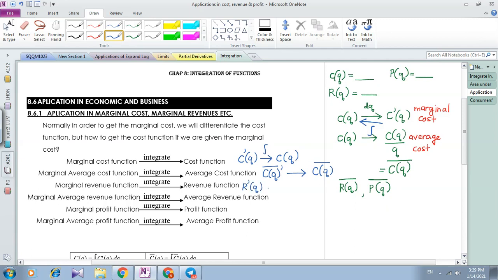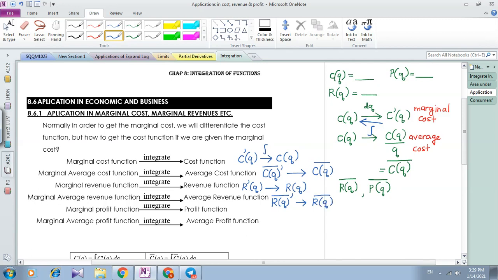When we integrate R prime, we will get the original revenue function. The same for average revenue: when we integrate its marginal, we will get the average revenue function.